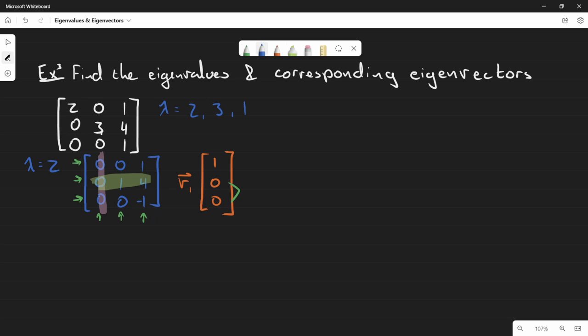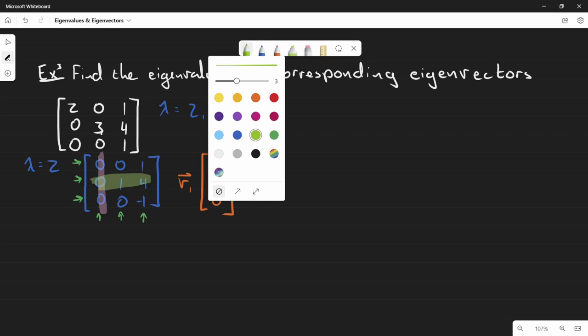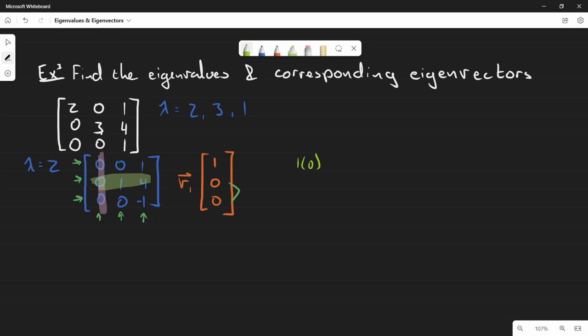We're going to have 1 times 0, and then it's going to be plus 1 times some constant plus 4 times some other constant, c2, is equal to 0. We can effectively make c equal to -4 and then c2 equal to 1.